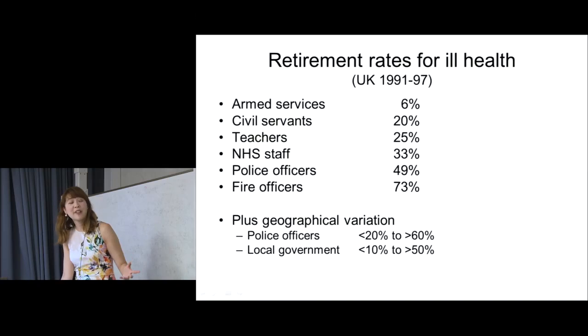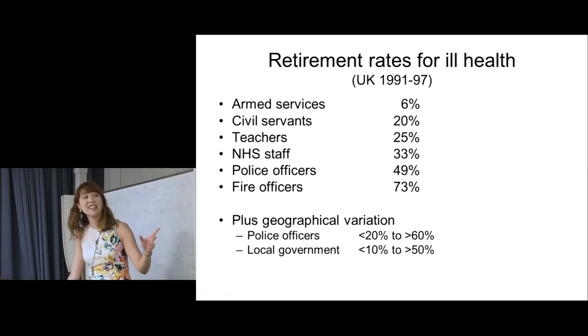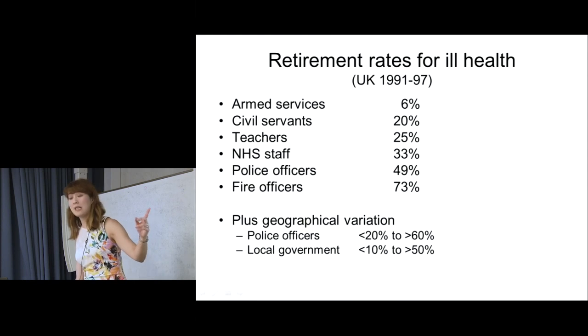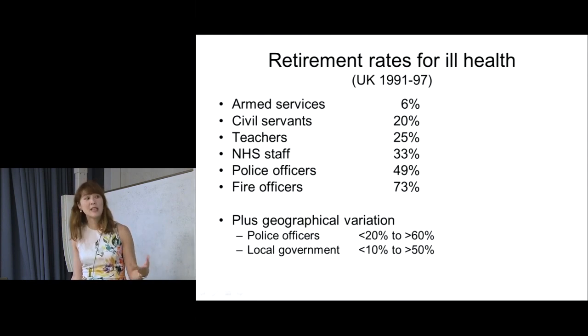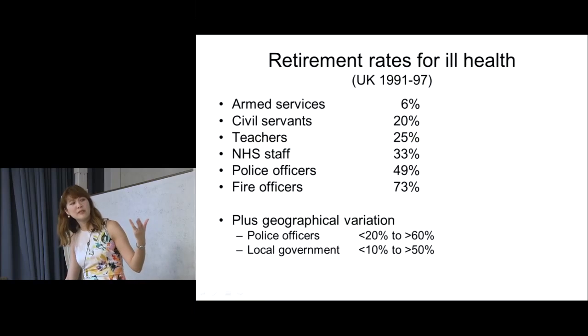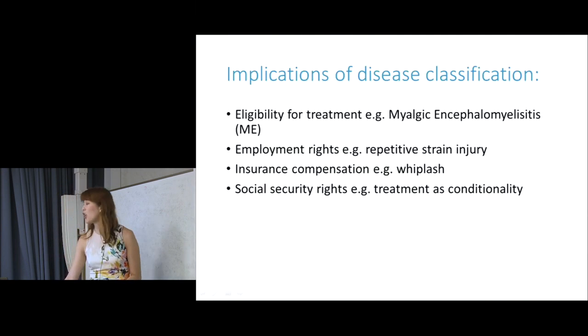There's also geographical variation. In some areas in England, police officers were more than 60% more sick, and some were 20% less. How interesting. Local government as well. Really? Local government and police officers being 2 to 3 times sicker in some areas? It's very odd within one country.